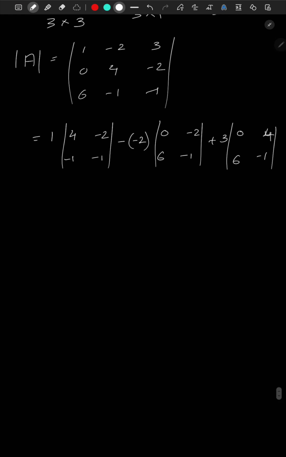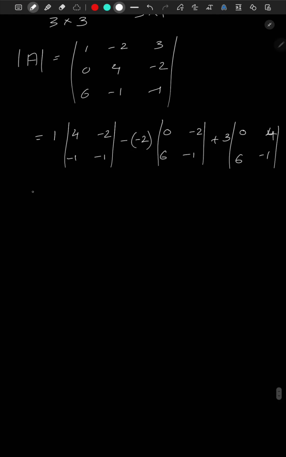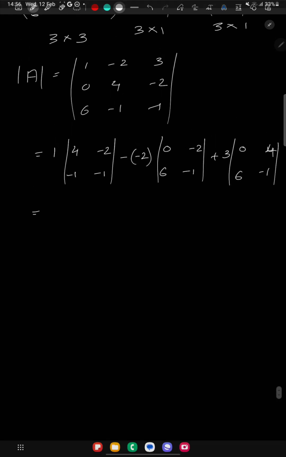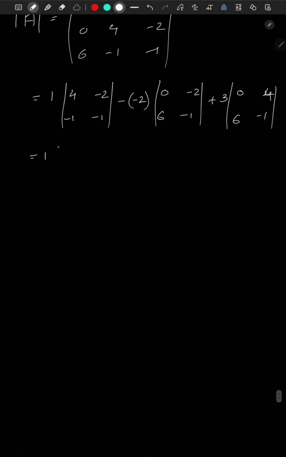So we have this, and again we have to solve for the determinant of the matrix. So we have 1 times minus 4 minus 2, plus 2, 0 minus 12, which is plus 12, plus 3, 0 minus 24.